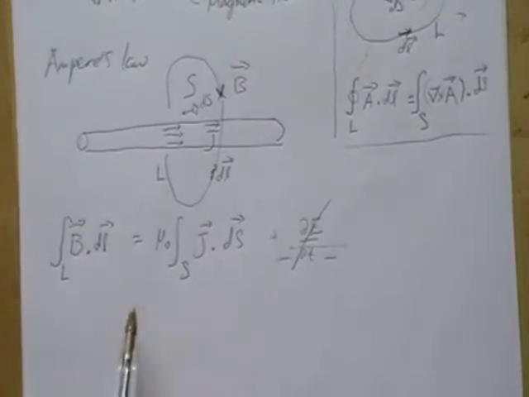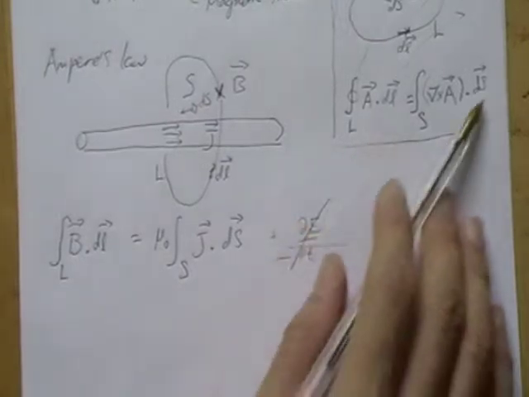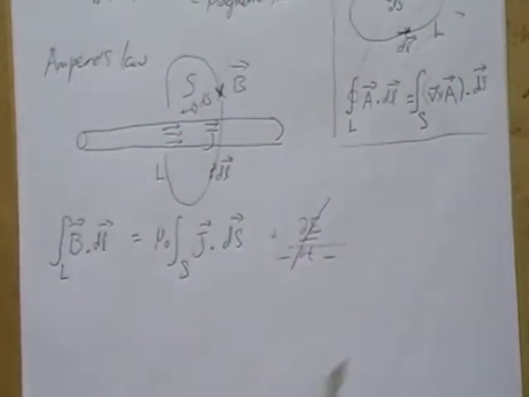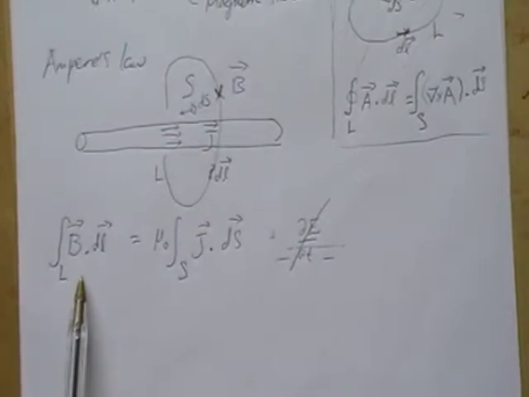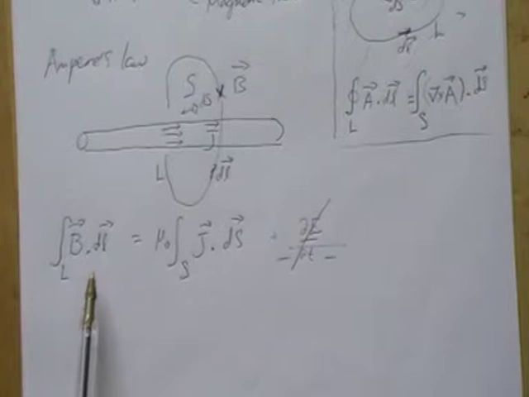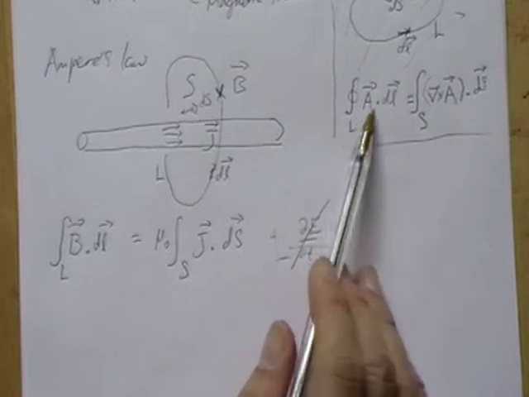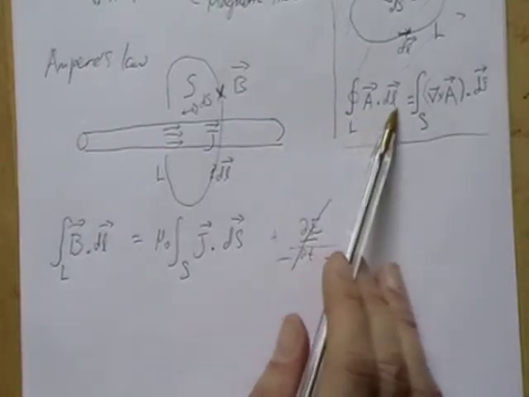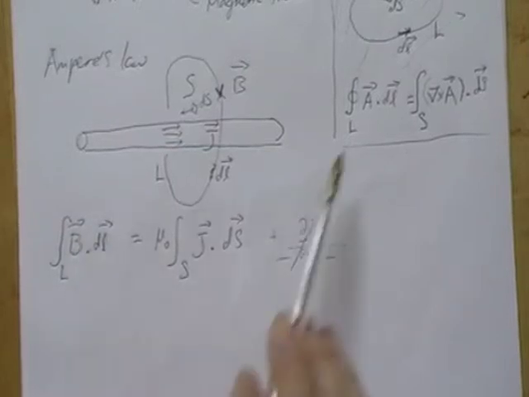Alright, and in the differential form, which we can obtain using Stokes theorem, we could do it by using this formula, right? But we have A dot dl there and we have B dot dl there. So just substitute the B into the A here.